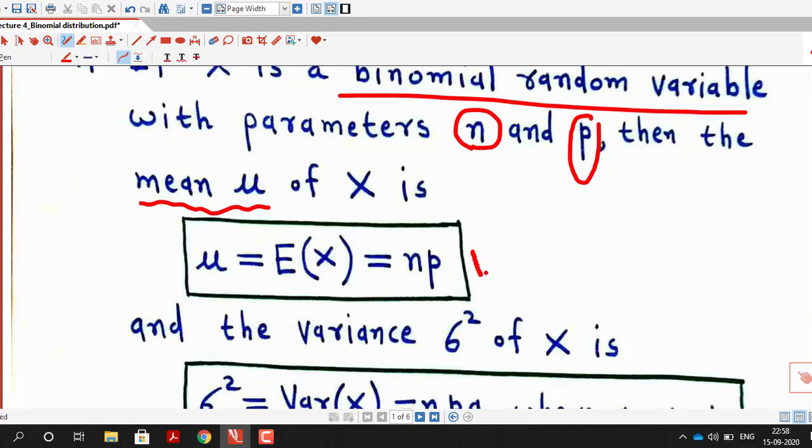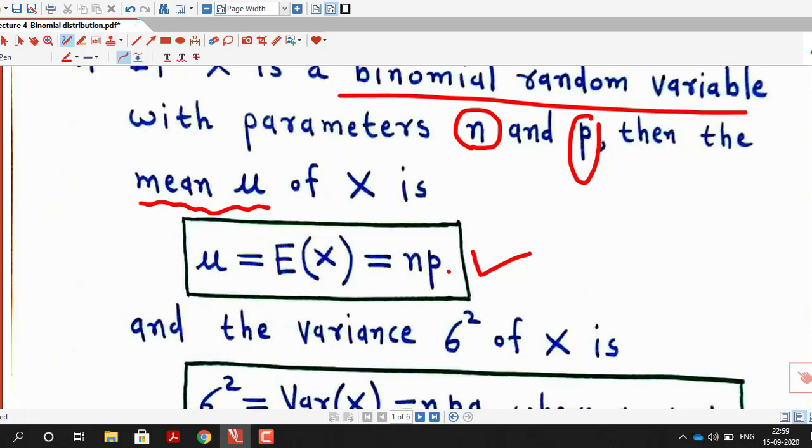So if our random variable is binomial, we can directly find its mean or expected value using this formula. We are not going into the details of the proof of this formula. We will just remember that the mean of a binomial distribution is given by number of trials into probability of success.